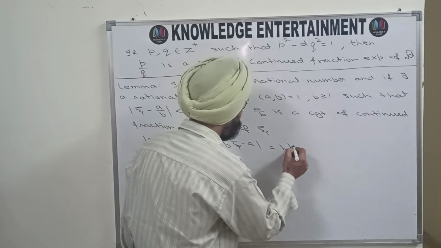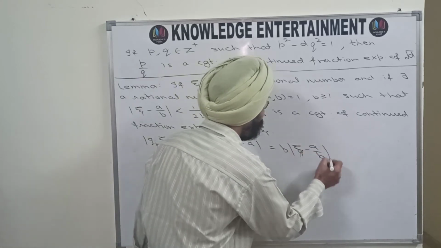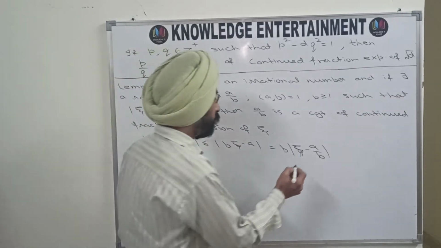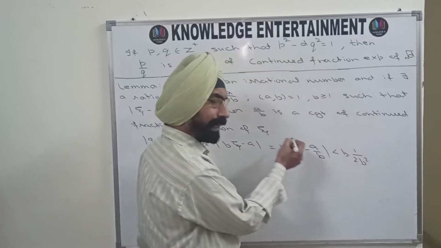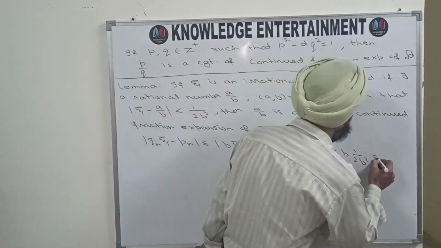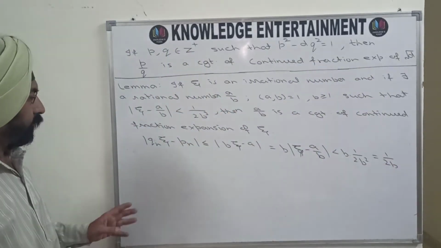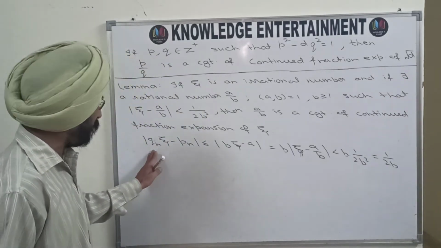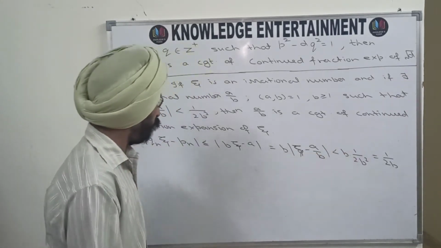So it is b times |xi minus a upon b|, which is less than b into 1 upon 2b square. One b will be cancelled from numerator and denominator, and it will become 1 upon 2b. So I am directly writing that |q1 xi minus pn| is strictly less than 1 upon 2b.